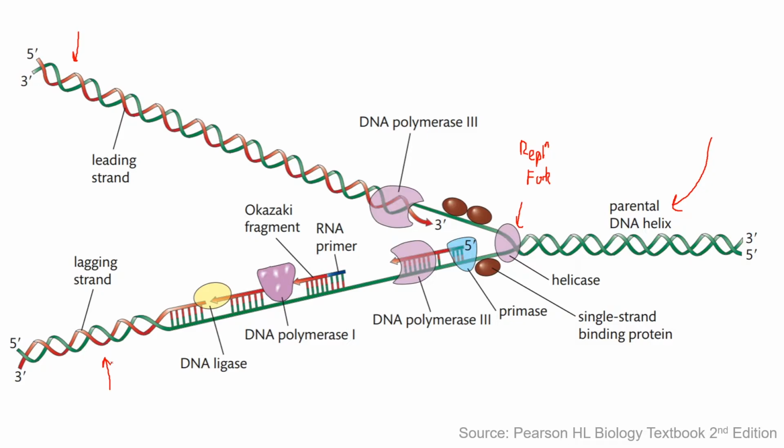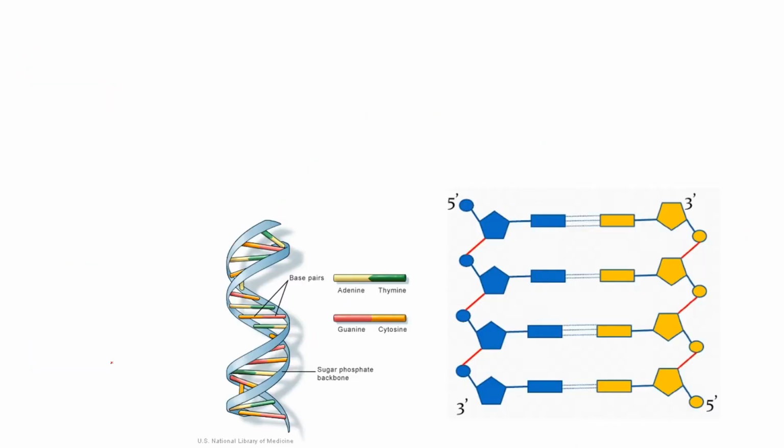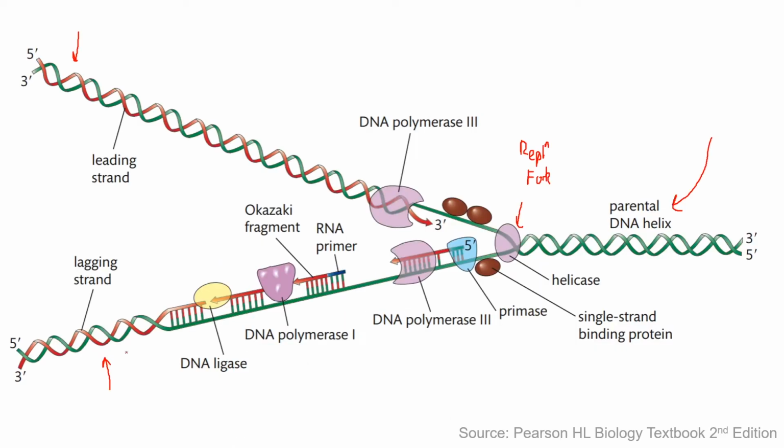Now, before we can truly understand how DNA replication works, there are a couple of pieces of background knowledge that we need to understand. The first being that DNA replication is semi-conservative. What this essentially means is that part of the parental DNA can be found in the final product, as opposed to the final product being entirely replicas.